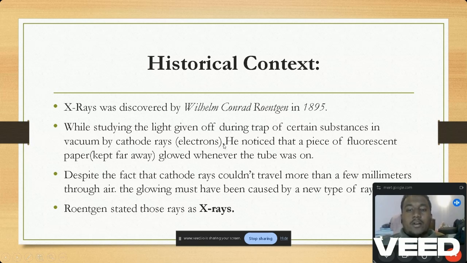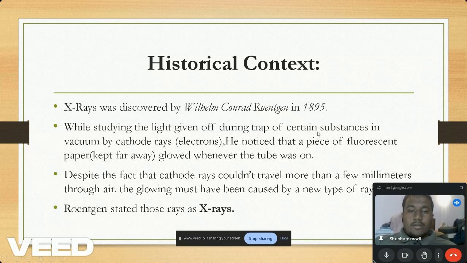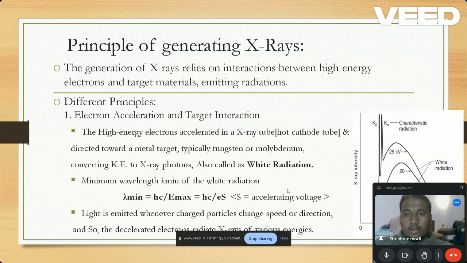While studying the light given off by certain substances in vacuum by cathode rays, he noticed that a piece of fluorescent paper kept very far away glowed when the tube was on. Although we know that cathode rays do not travel very far, we have observed this property. So Roentgen stated those rays as X-rays.